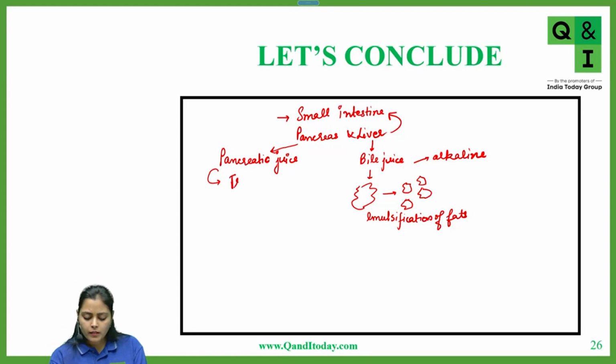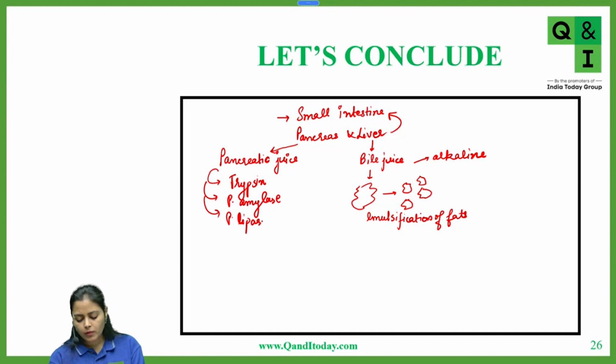Okay, it was trypsin and it was pancreatic amylase and it was pancreatic lipase. Then we had studied that the small intestine is lined by villi, which increases the surface area for absorption of food. And the main role of large intestine was to absorb water.